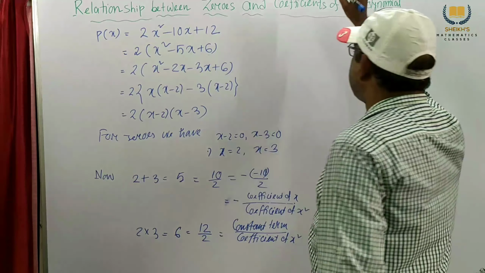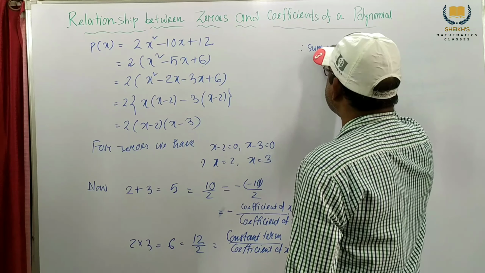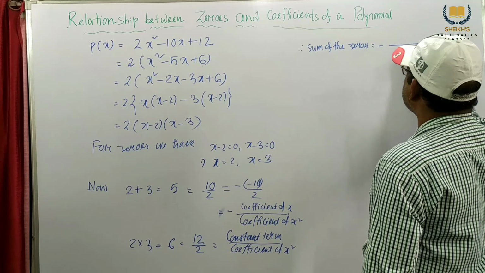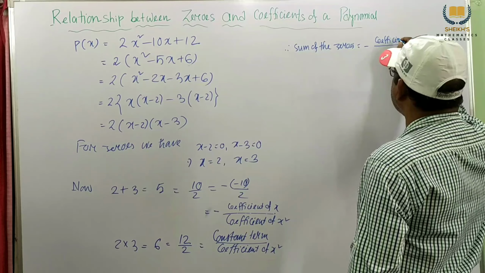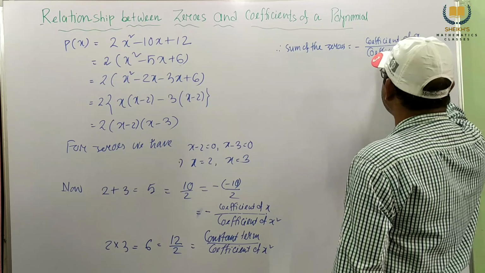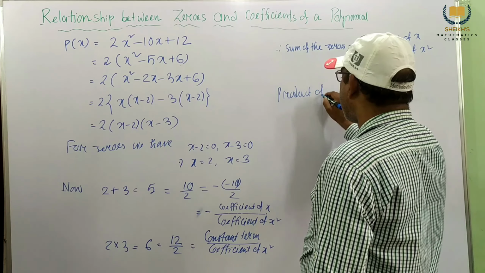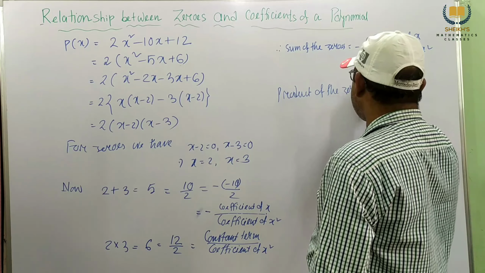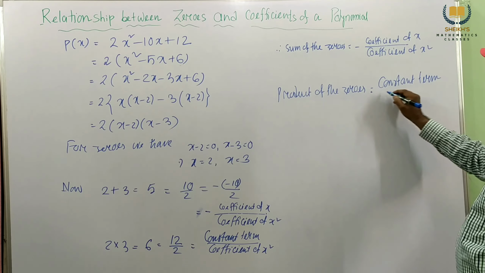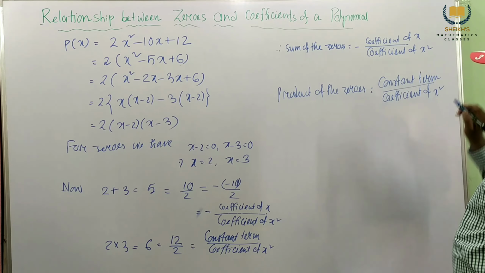Now, I am rewriting this. Sum of the zeros equals minus coefficient of x by coefficient of x², and product of the zeros equals constant term by coefficient of x².